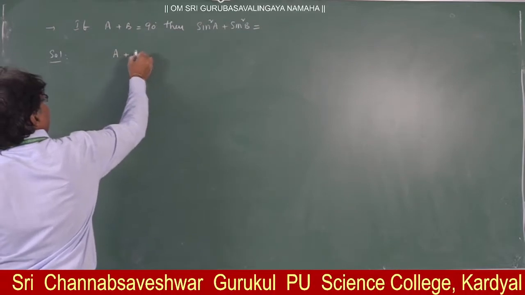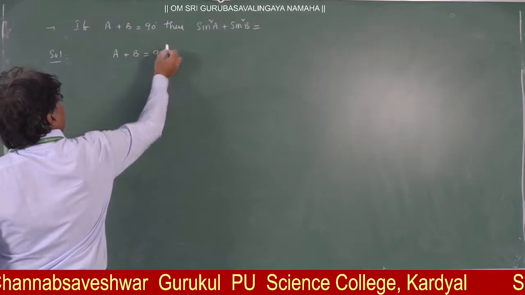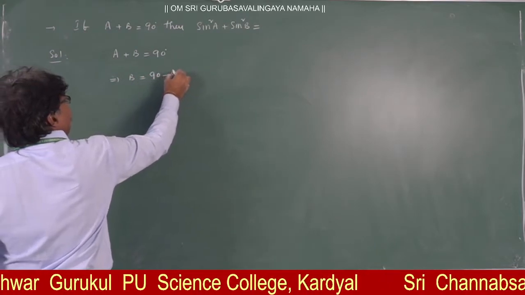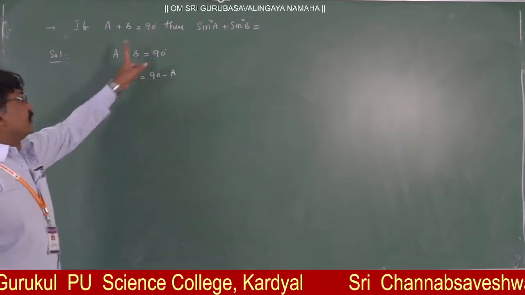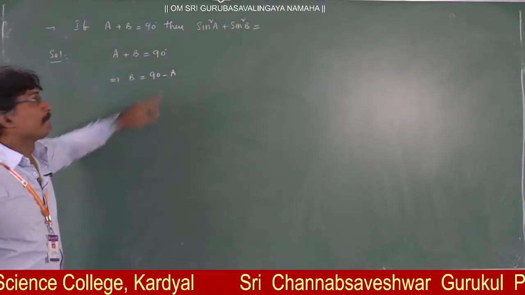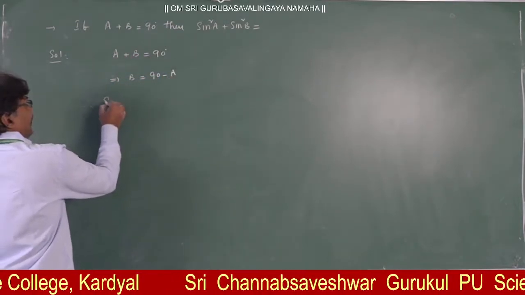Since A plus B is equal to 90 degrees, that implies B is equal to 90 minus A. Transfer A to the right side, plus A becomes minus A. Therefore, what is our required value?